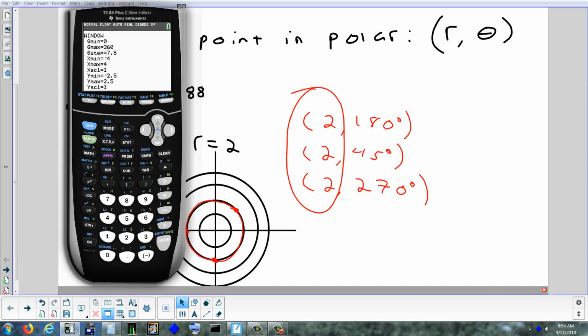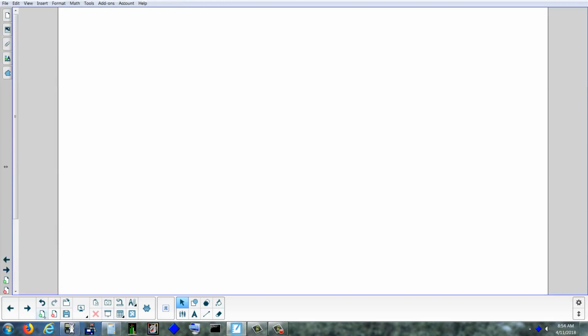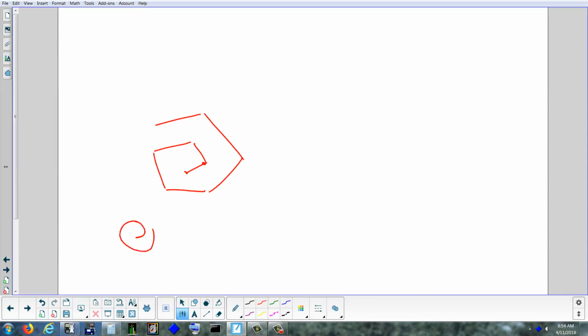If you're trying to graph a spiral, and your theta step is too large, your spiral is going to end up looking like this, which is probably not what you're looking for. If you want it to look like it really should, you have to make the theta step smaller, so there's not so much of a gap between points, and then it'll look like it should.